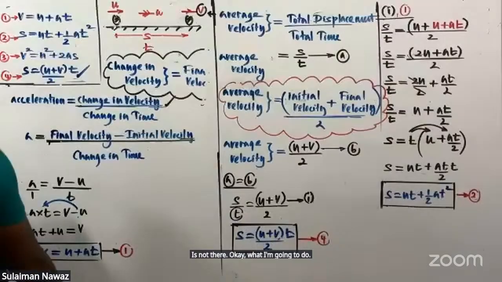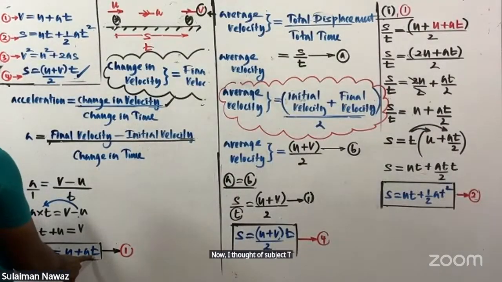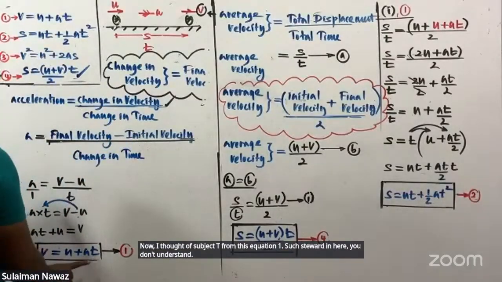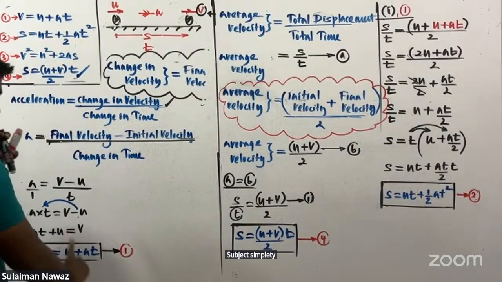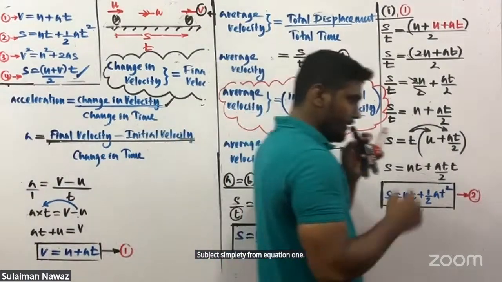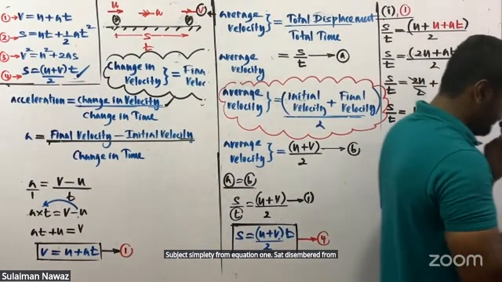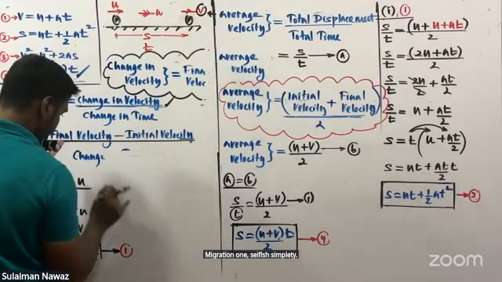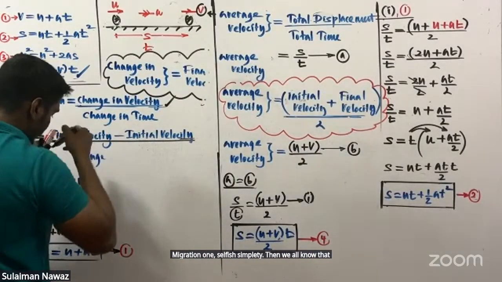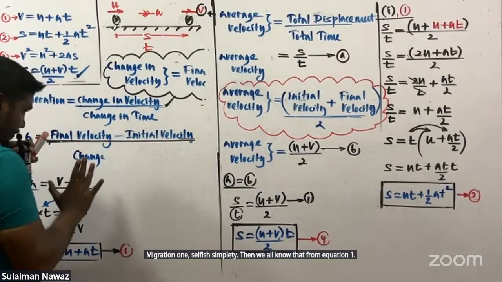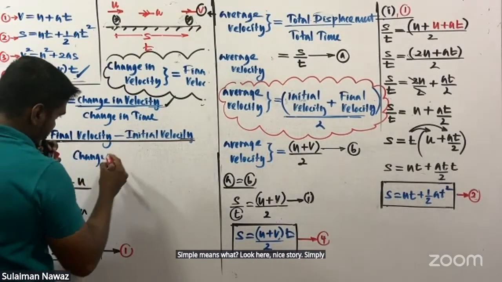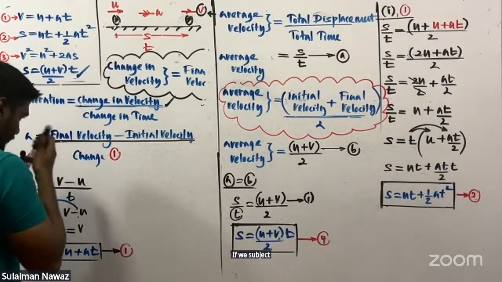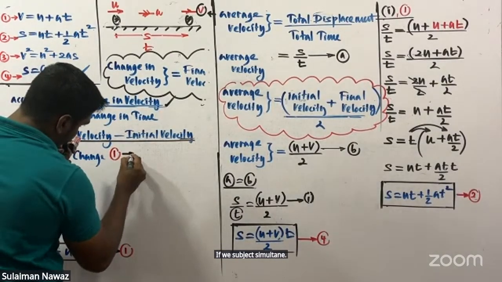Look here what I'm going to do. Now I thought of making T the subject from equation 1. From equation 1, if we make T the subject, it's not difficult.